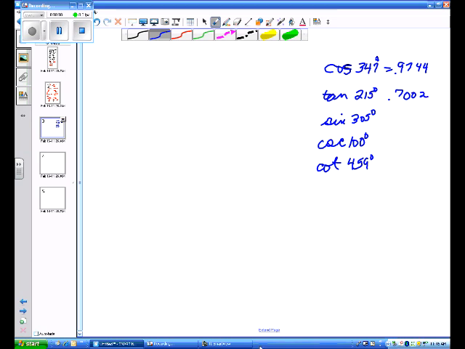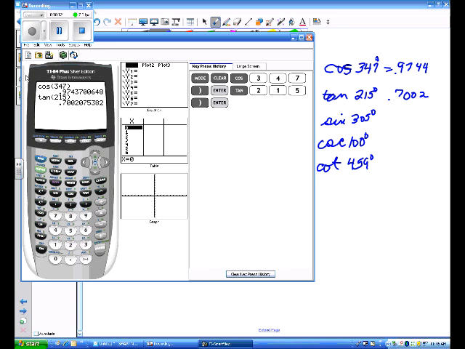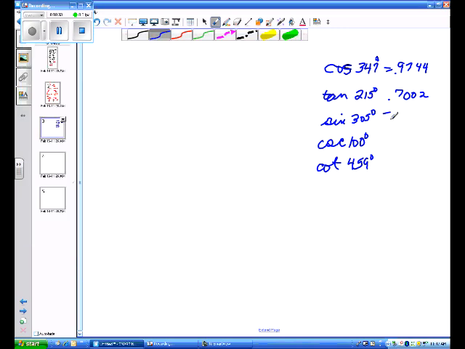Okay, the sine of 305 would be negative. Now see, we're in the 4th quadrant, so it turns out to be negative decimal 8192.